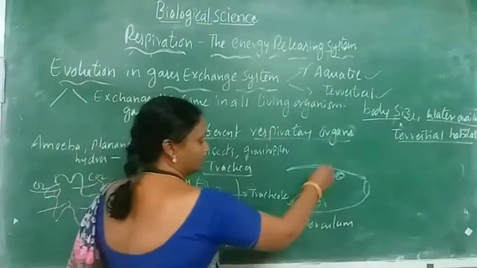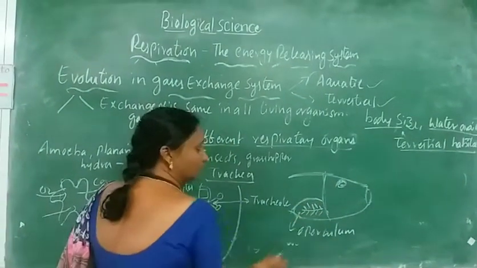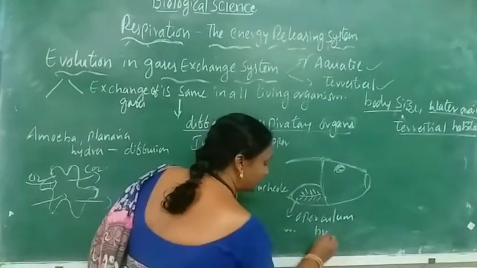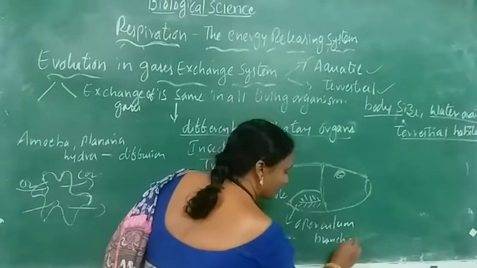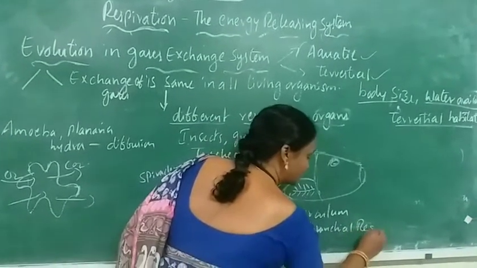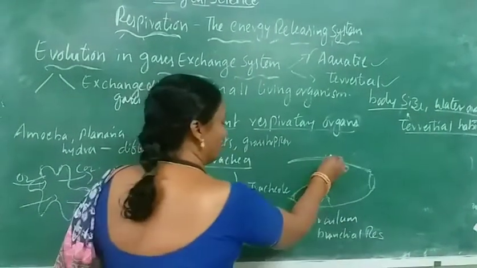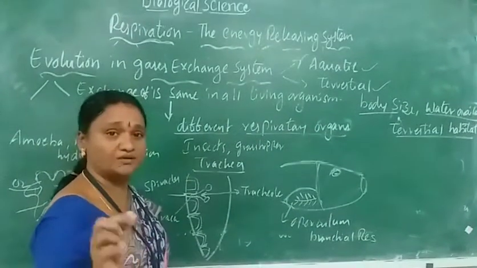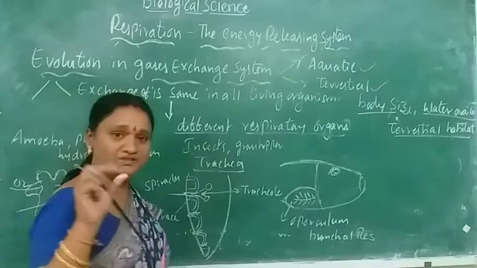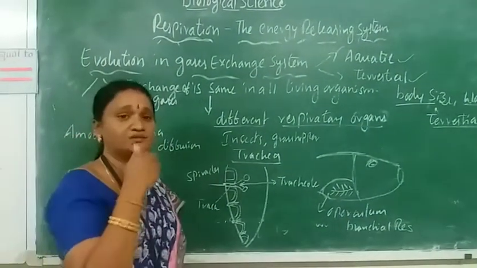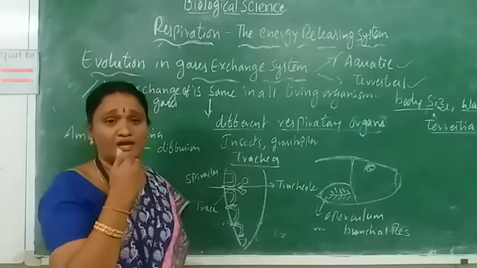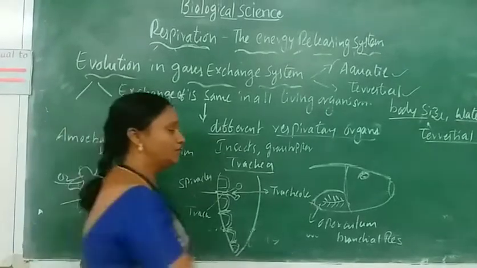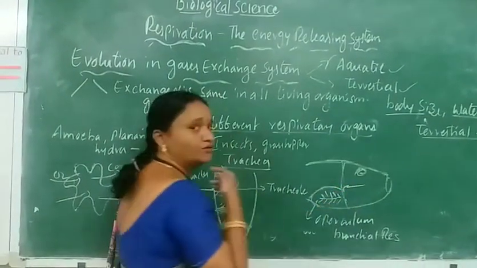It is an aquatic animal. Respiration through the gills is called branchial respiration. You might have seen in an aquarium that the fish frequently opens and closes its mouth. When the fish opens the mouth, the water enters the oral cavity. From the oral cavity it goes to the pharynx.